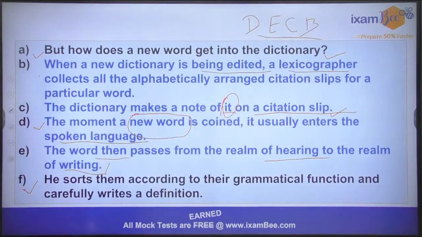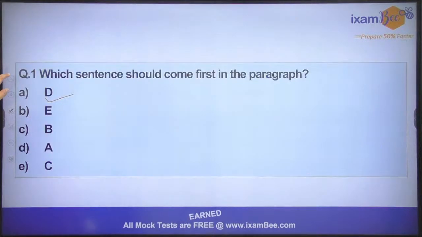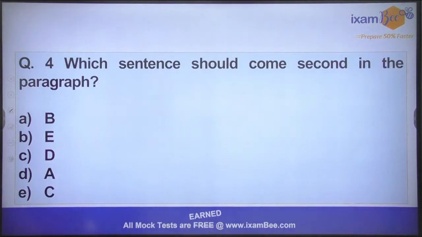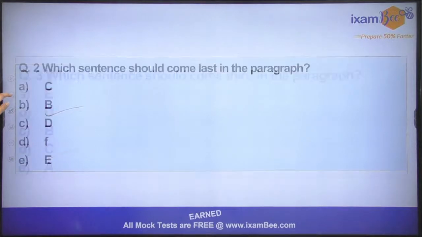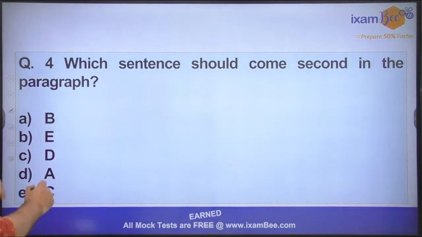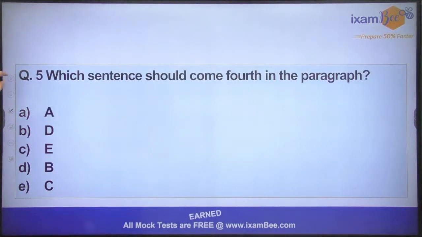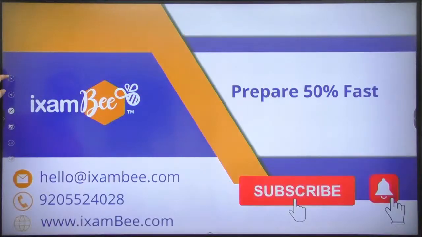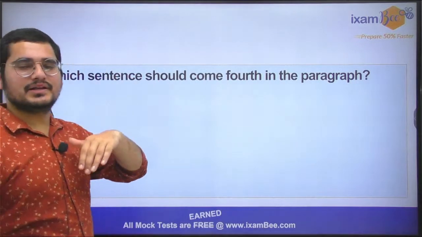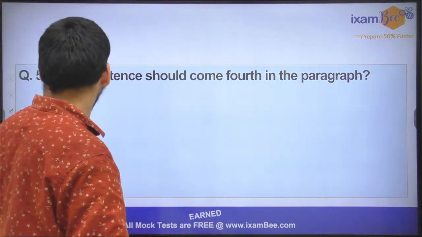So we see which was a third, and that was C. And then last, which sentence should come second in the paragraph? So we see which was a second, that was E. So this is it. And okay, so we already had the fourth and fifth, right? We already had the A and the last one fixed, right? So no need of these.